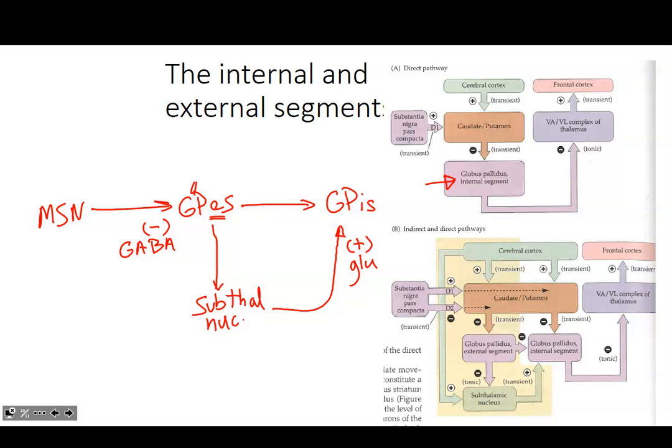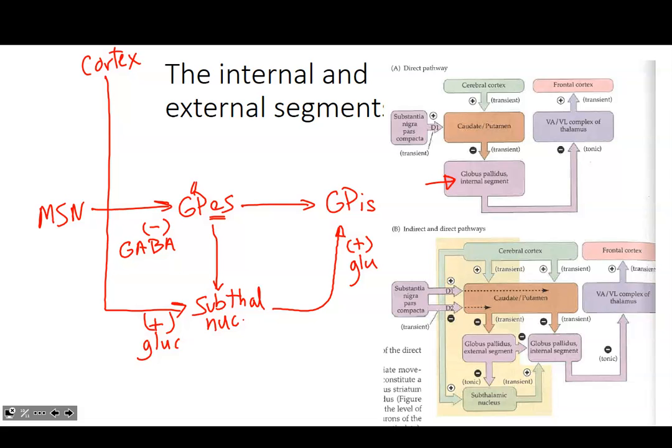The cerebral cortex, that's received sensory information, can directly activate the subthalamic nucleus. This is a glutamatergic synapse, so excitatory output excites the subthalamic nucleus. And the subthalamic nucleus then releases more excitatory neurotransmitter onto the internal segment.